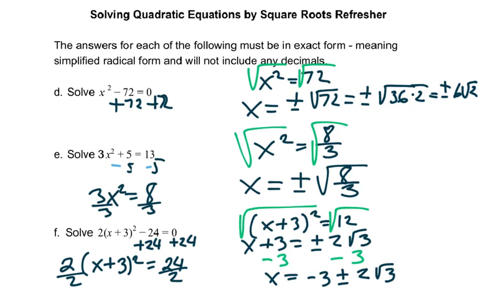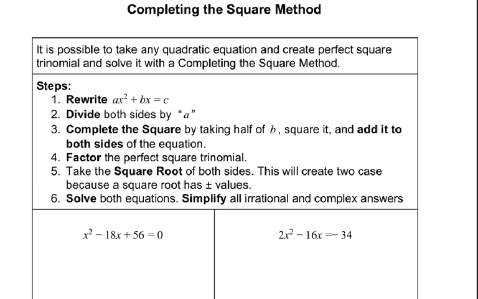Alright, now let's move on to today's lesson. Today we're going to use the completing the square method. We have a few steps to follow, and they're written on your notes. If you forget, you can always refer back to them.